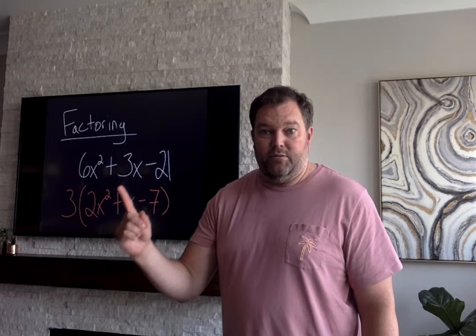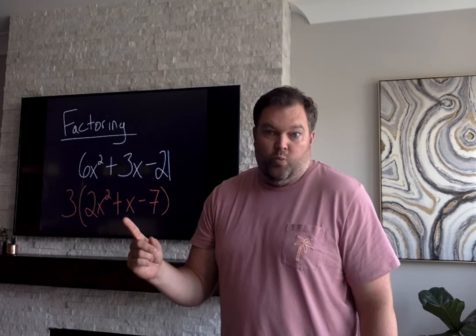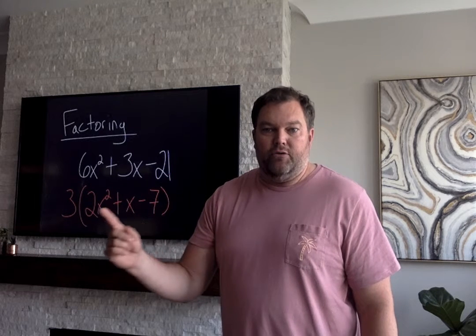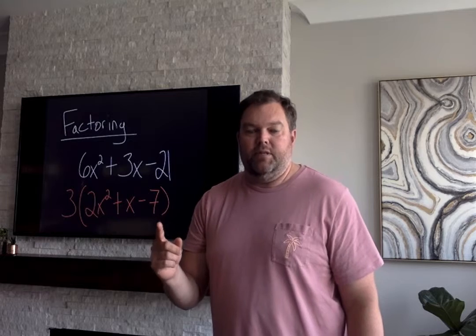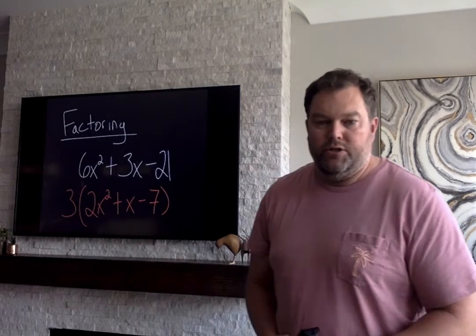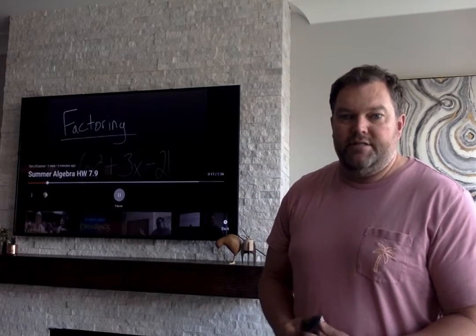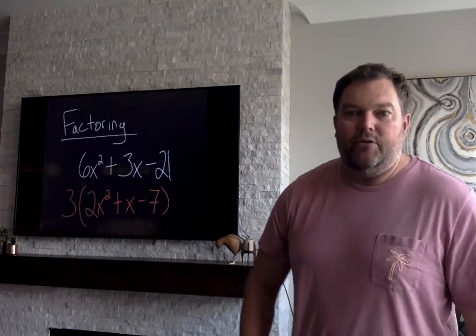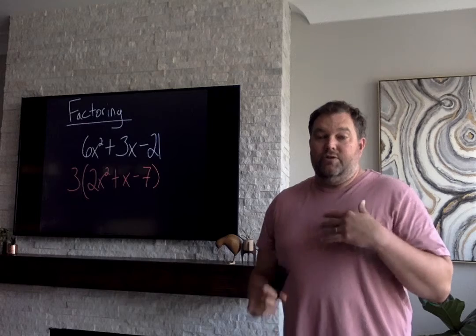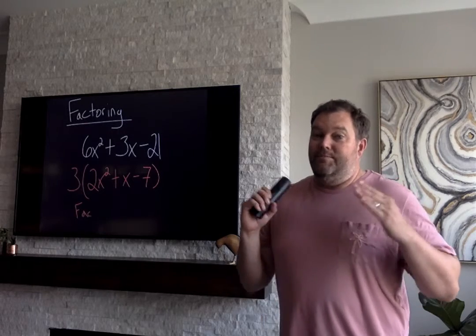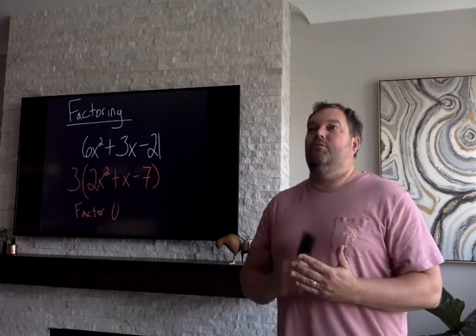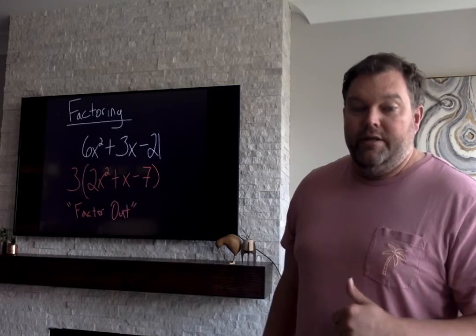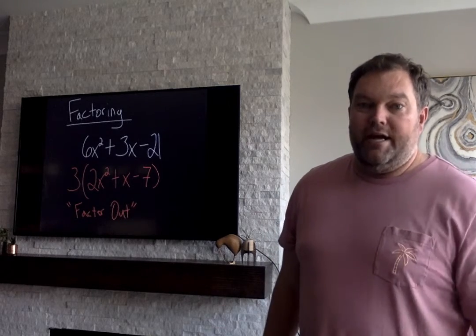If I divided 3 out of 3, just 1x would be left over. If I divided 3 out of 21, 7 would be left over, and I kept the corresponding signs. Now this is called factor out, or factoring out. So that's the first thing that you need to know to do. You need to be thinking about that on every single problem. You won't always be able to factor out, but you should always try to.